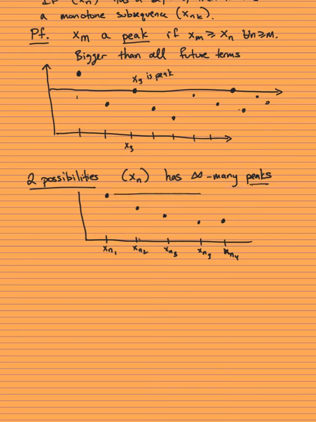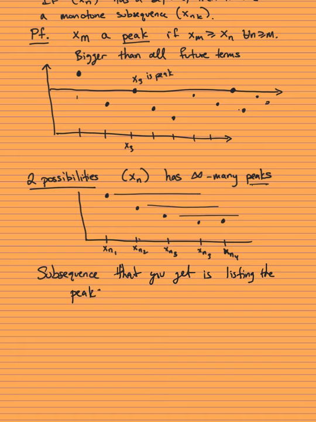It's bigger than every single term. So therefore, you just list the peaks. So the subsequence that you get is listing the peaks. We said there's infinitely many of them, so this is okay.